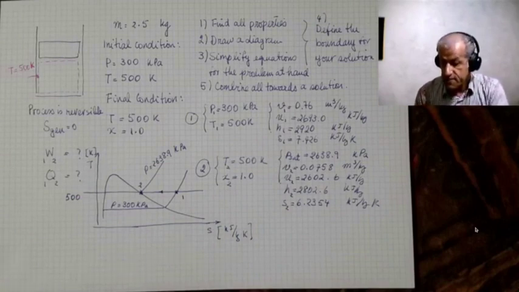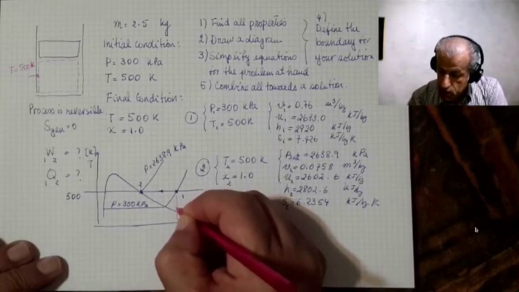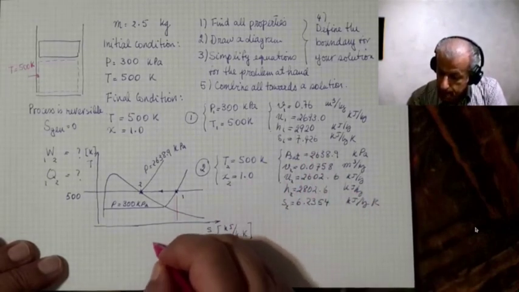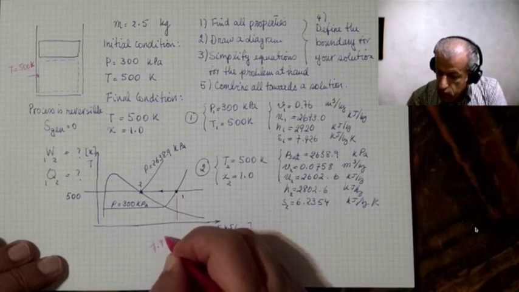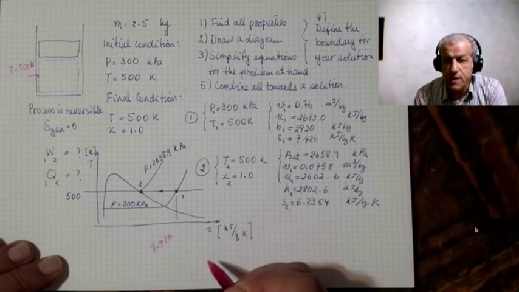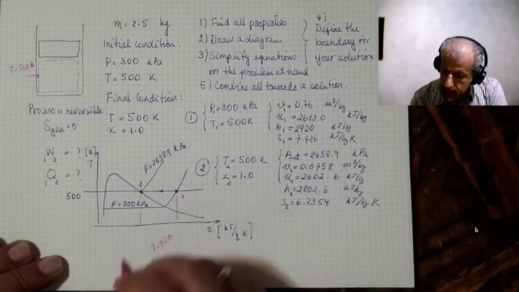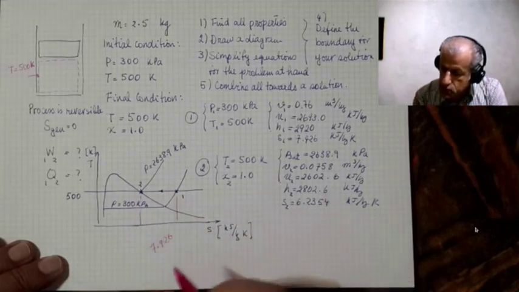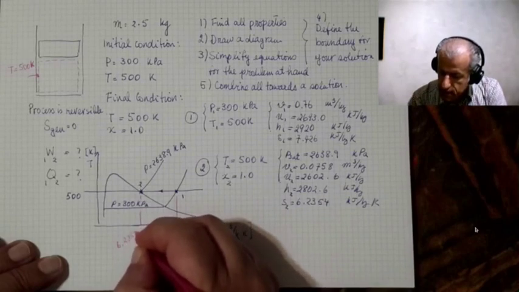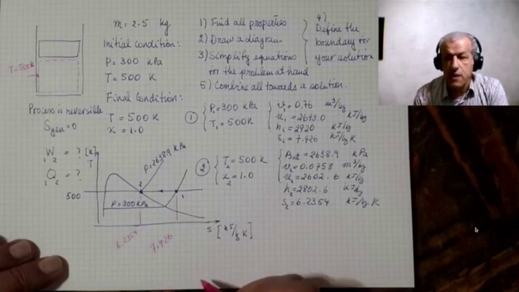Look, this is S for point 1, and so for point 1 S is 7.426, and the unit for S is kilojoules per kilogram Kelvin, and for point 2 S is 6.2354, and the unit is kilojoules per kilogram Kelvin.